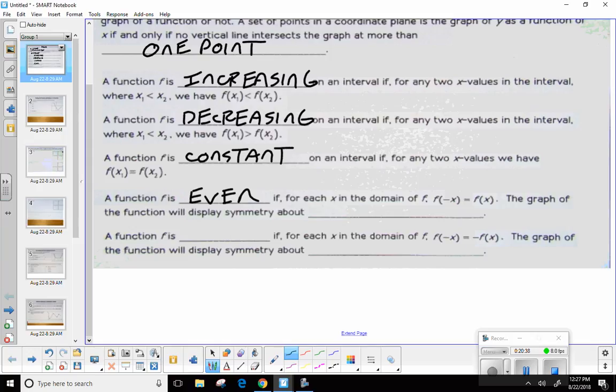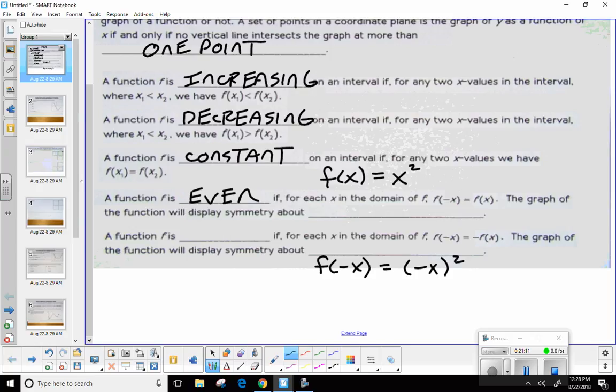Function is even. So what this means is if you have an equation, if I can replace every x with its opposite, simplify and get the original equation, that's what we call an even function. So let me demonstrate. Let's say f of x equals x squared, your quadratic parent. Very simple equation to work with, right? So let's say I'm going to replace x with negative x.